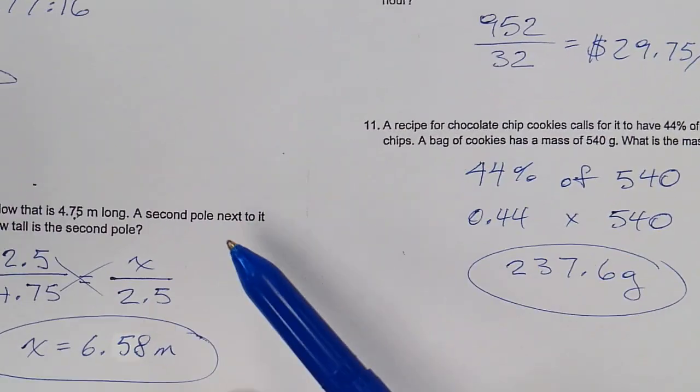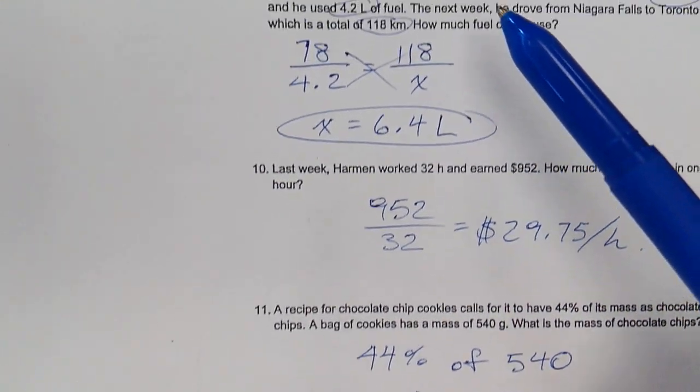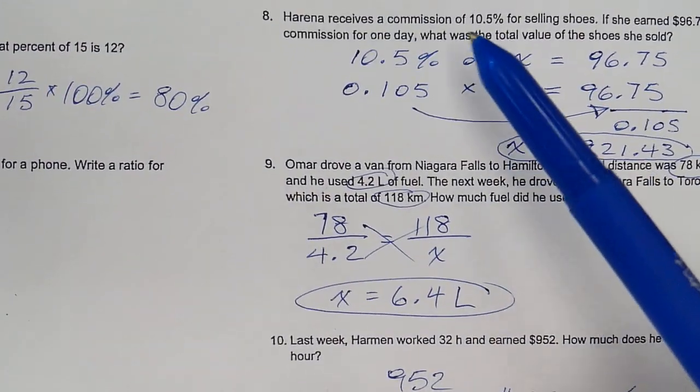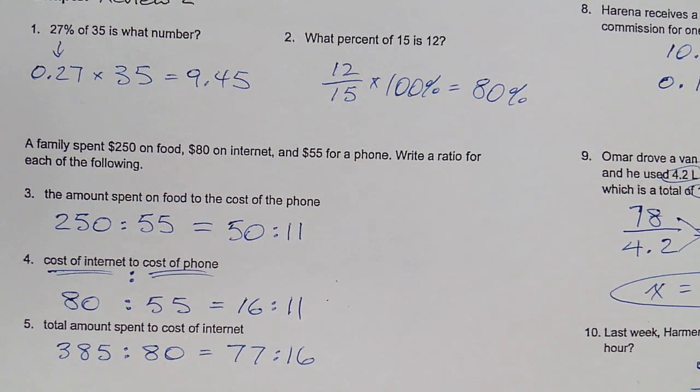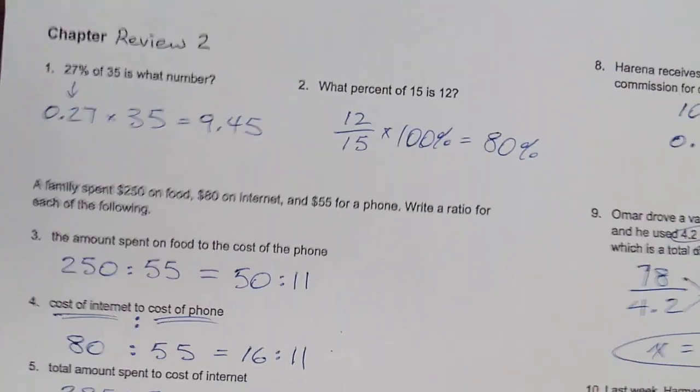Notice for all of these, I just set it up the easiest way. I didn't try to make it fancy. All of it is just really multiplying and dividing. And that's because when you do ratios, it's always multiply or divide only. Don't add or subtract.